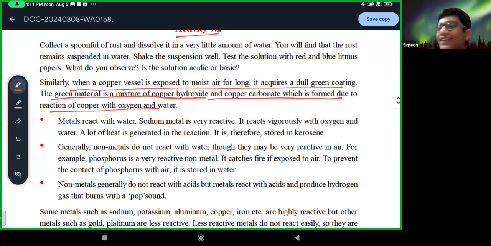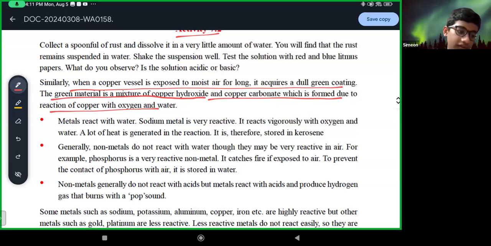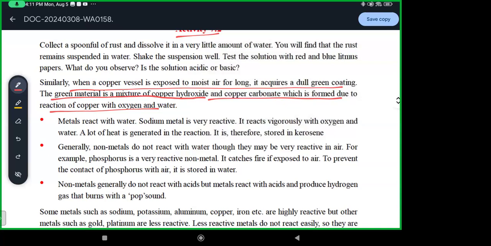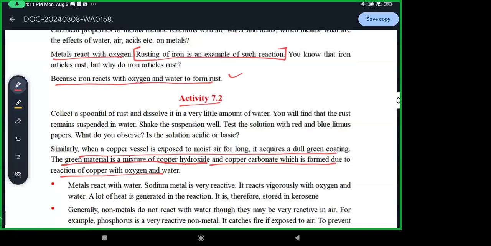A copper vessel is copper color, brownish, kind of maroon. On that a green layer forms, and that layer forms due to the reaction of copper with oxygen. Then in iron, rusting happens.